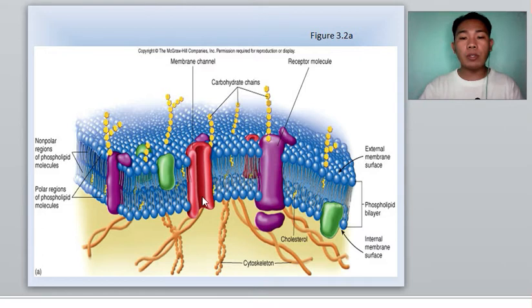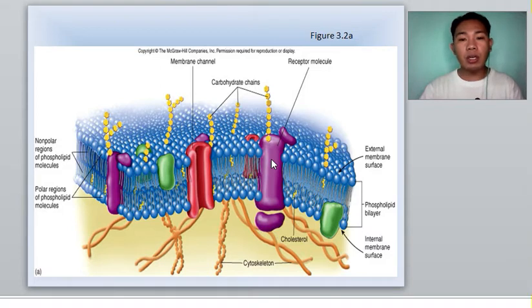Other structures that can be observed in our cell membrane include the membrane channel, which is a protein that allows larger molecules to move from outside to inside and inside to outside of the cell. Another is the receptor molecule, which is a glycoprotein made up of a complex of carbohydrates and proteins.